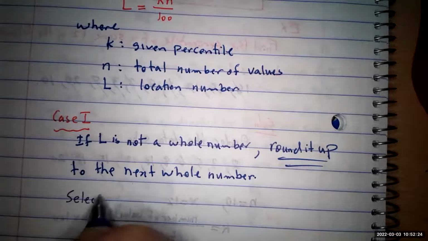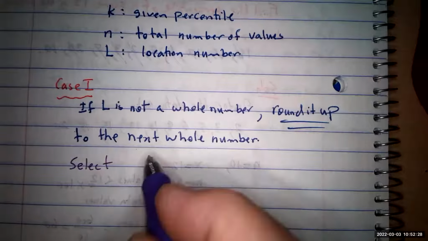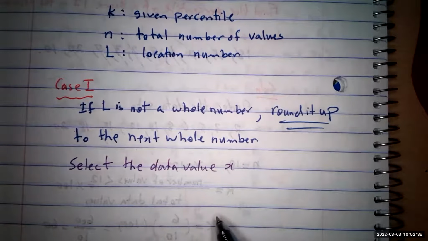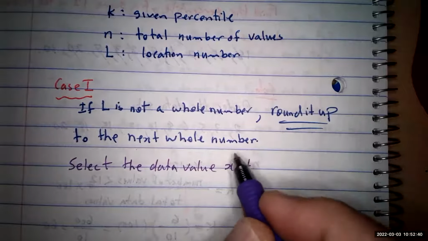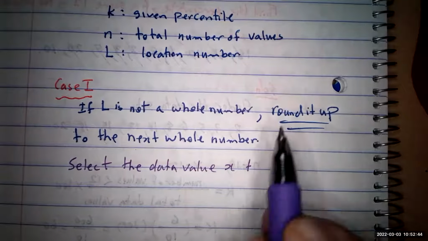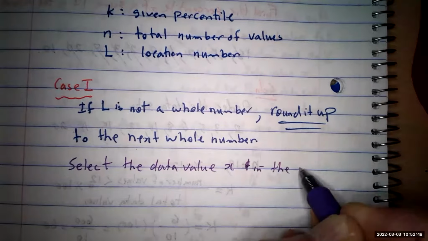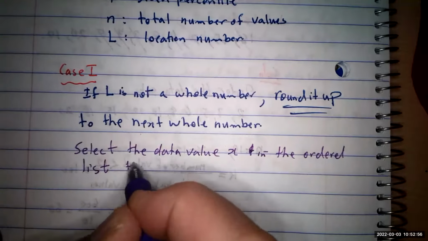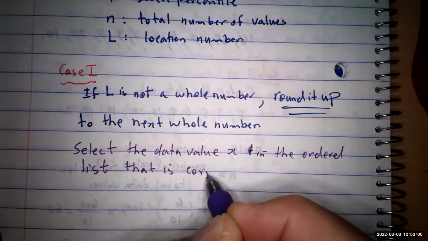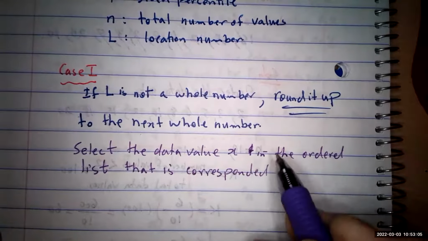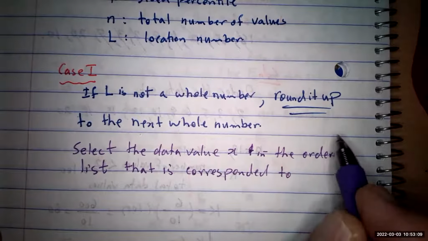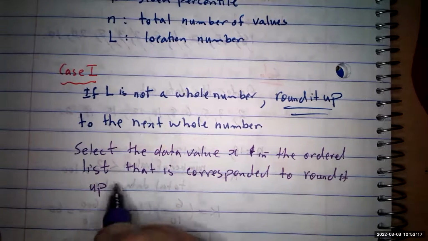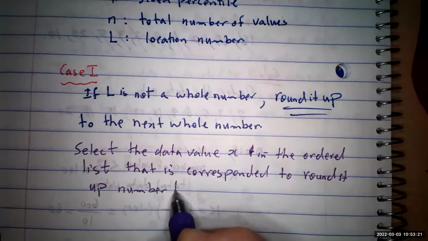So we're going to select the data value X in the ordered list that corresponds to the rounded up number L. So that's case one.